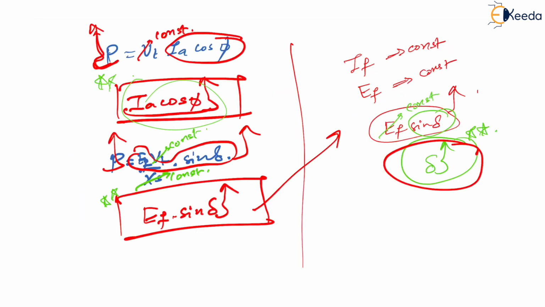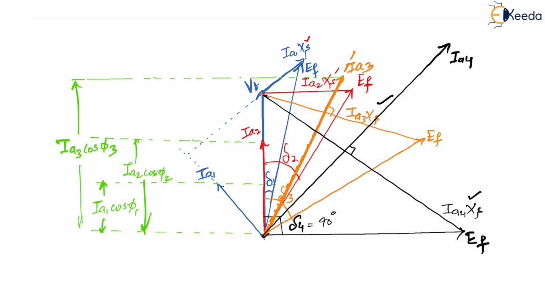Similarly, let us think of whether EF sin delta is increased or not. If you see EF sin delta for the first one, blue, this length is going to be EF sin delta. Yes, this length is EF sin delta 1. Then next EF is here, correct or not?